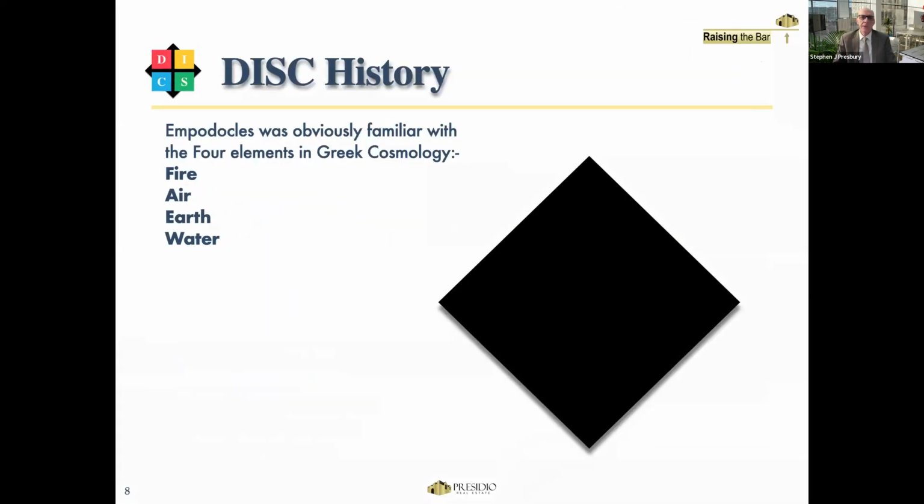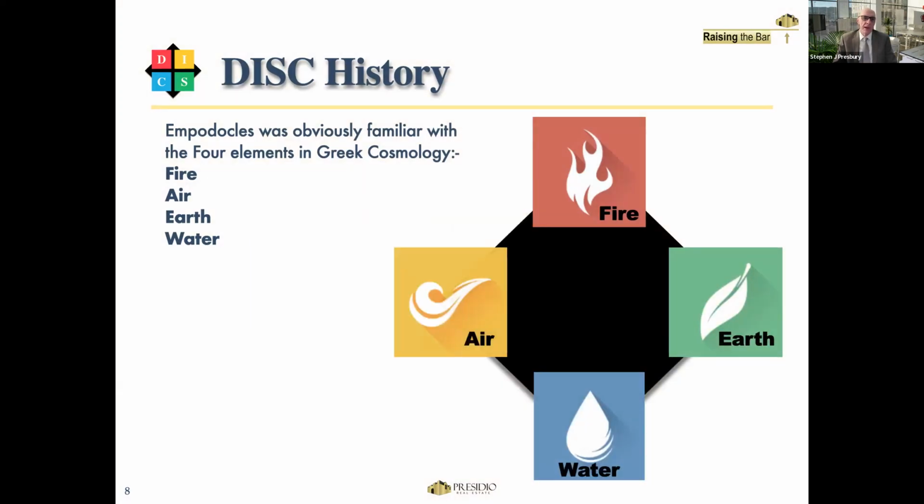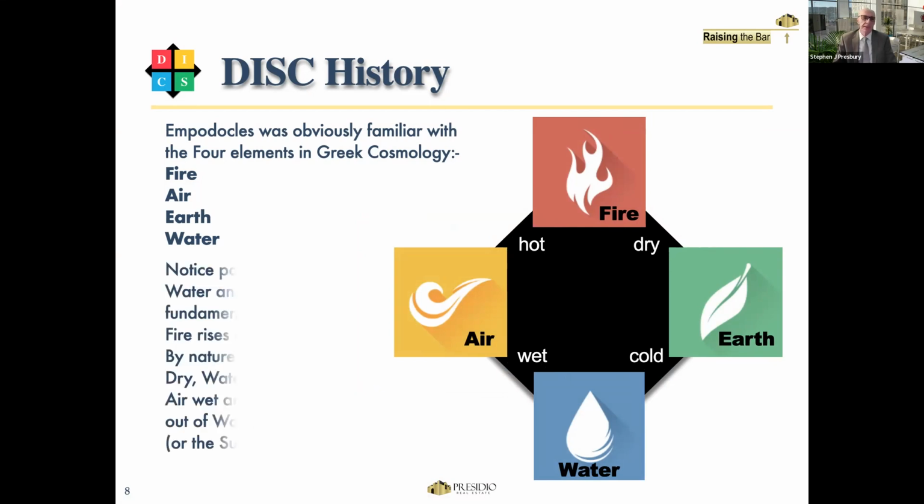He looked at these 4 main platforms, which are fire, air, earth, and water, and then he tried to join them together. So obviously fire and earth would be dry, earth and water would be cold, air and water obviously would be wet, and then of course hot would be the air and fire. This is where he started.